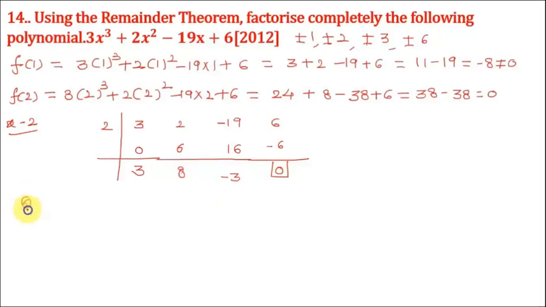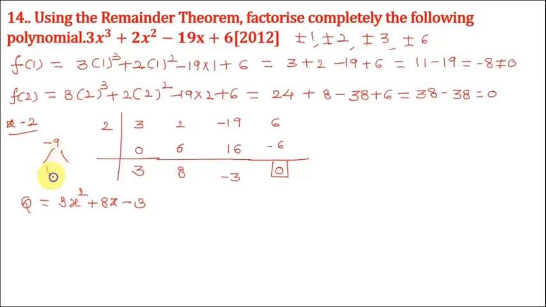The quotient, the second factor, has coefficients 3, 8, minus 3, therefore the degree is 2: 3x square plus 8x minus 3. Now again factorize. The product of first and last is minus 9.